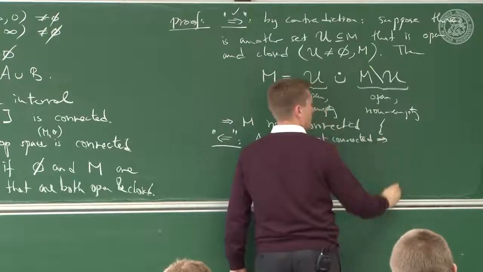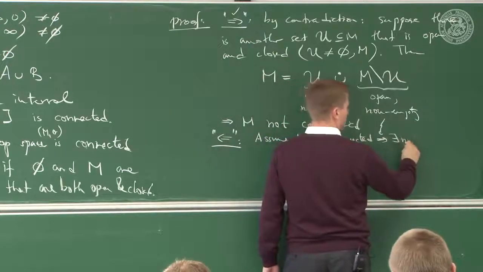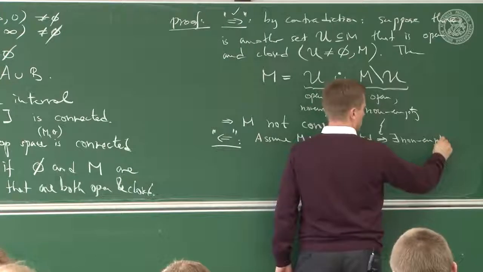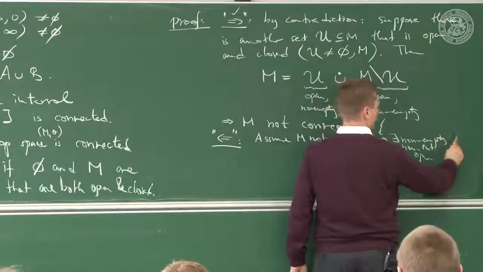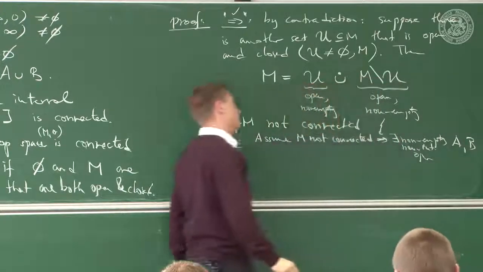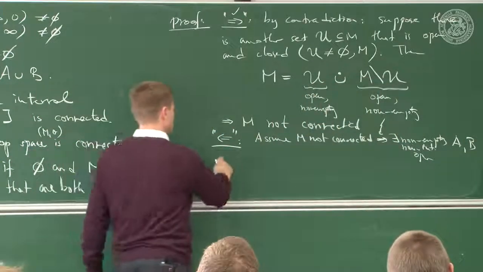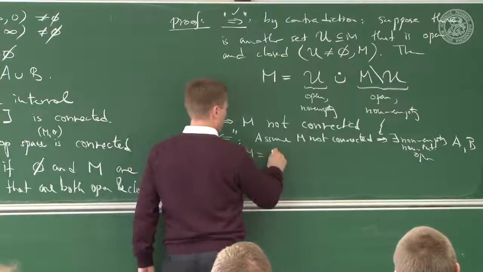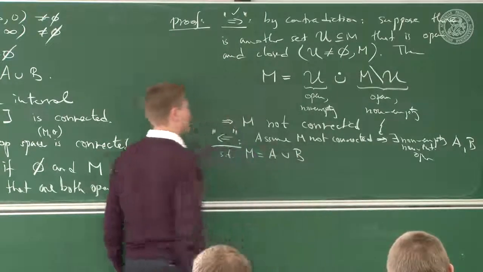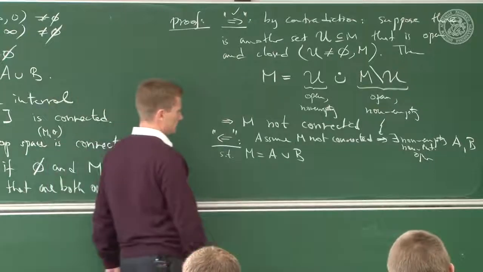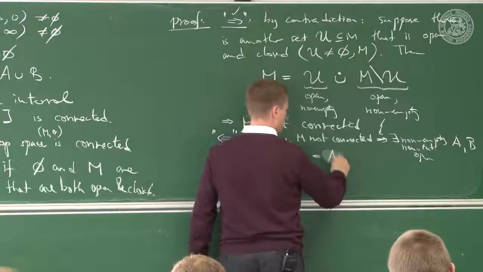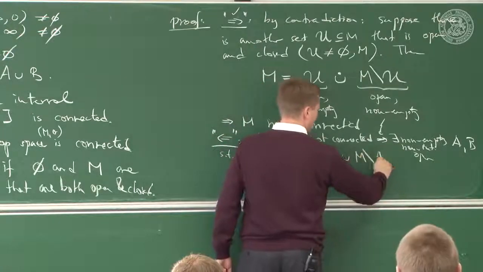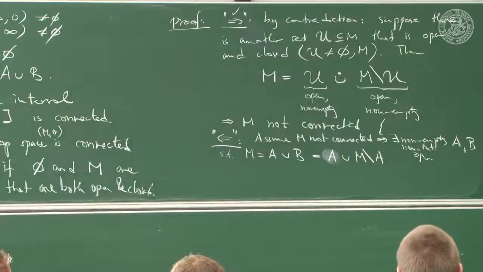Well, that immediately implies there exist non-empty, non-intersecting, open subsets A and B, such that M can be written as a decomposition of the two. But then B must already be M without A. It's also clear.